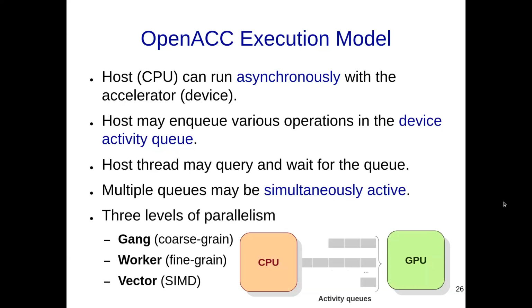And then at the lowest level, well, it's not really the lowest level, is what is called a vector in the context of OpenACC, which is the single instruction multiple data format, which on the CPU will use some sort of vector instructions. Right? But note that this is not really the final. There is something called a vector lane, which actually is running a single thread of execution. Right?